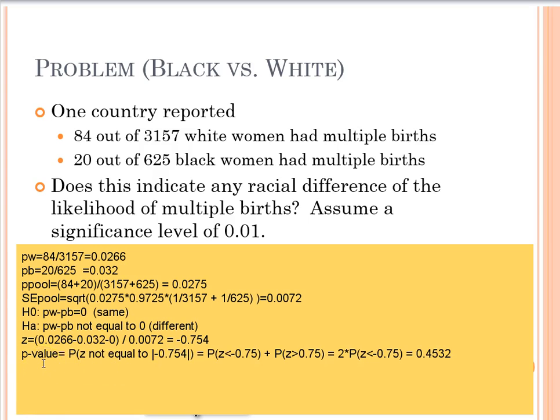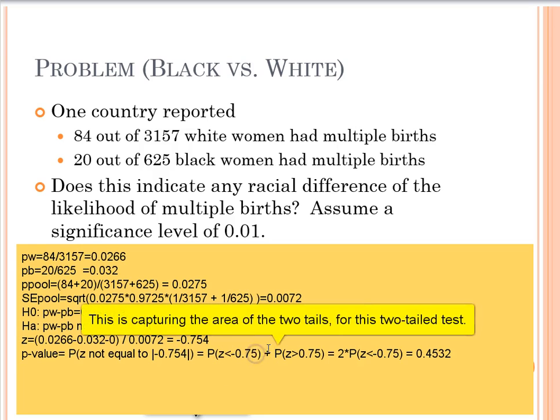So here, the p-value is calculated based on how we've defined the alternative hypothesis. Since we said that we want a difference that's not equal to 0, the z-score that we're looking at, we compare to what we calculated, and we're looking at the fact that they're not equal. The way that we calculate this probability then is we want to look at everything less than negative 0.75 and everything greater than 0.75. This is mostly because we are dealing with an absolute value.